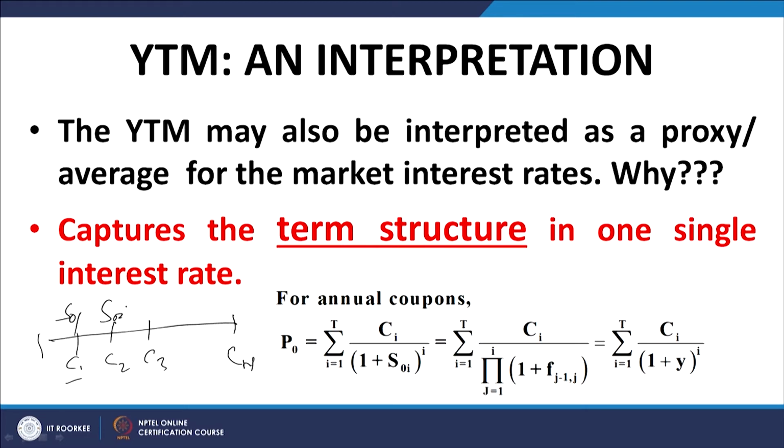So, every discount rate must relate to the cash flow timing to make the discounting proper. Otherwise, the discounting is not going to be proper because of the issue of term structure, because you will be using different maturity rates corresponding to different timings of cash flows, which is wrong.